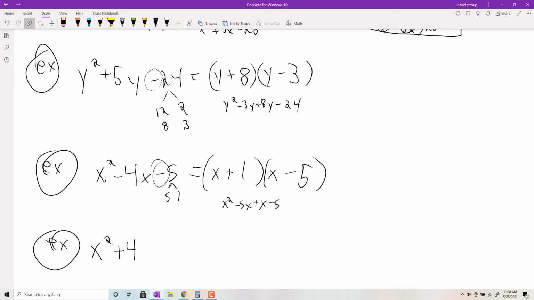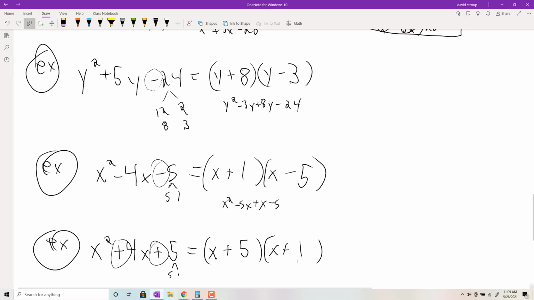This one's very similar, but it has different signs involved. This is a plus plus. The second one is positive, so it's either minus minus or plus plus, but if this is positive, it's plus plus. So you have x plus, x plus. 5 only has one factorization, 5 and 1, so the only possibility you can have is 5 and 1.